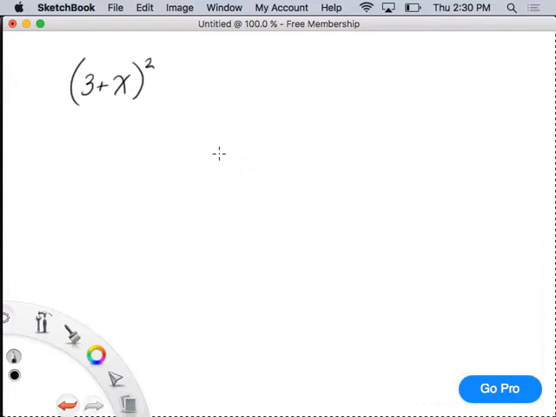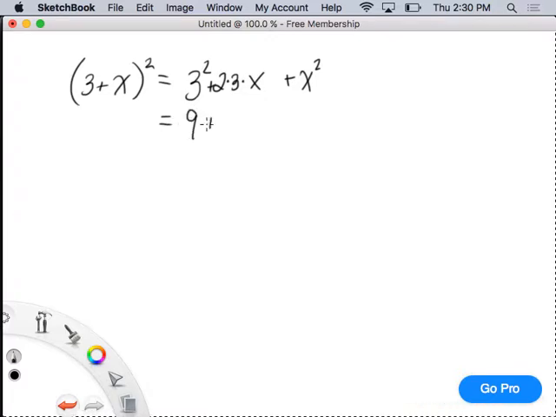All right. Square the first, square the last, multiply and double. 2 times 3 times x. 3 squared is 9, plus 2 times 3 is 6x, plus x squared.